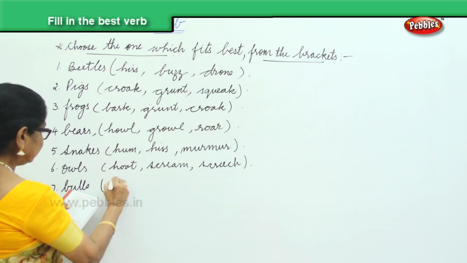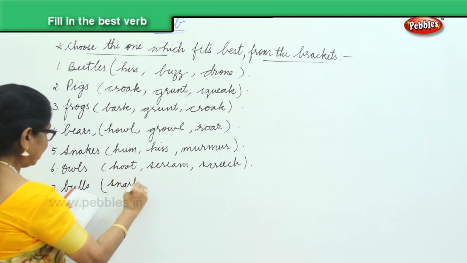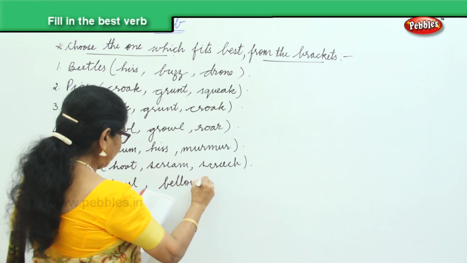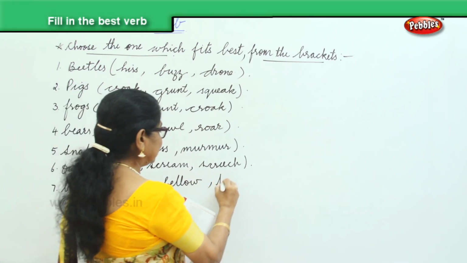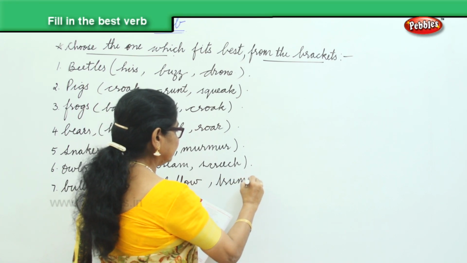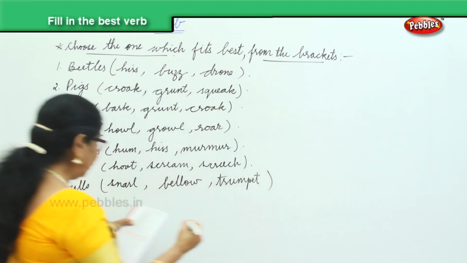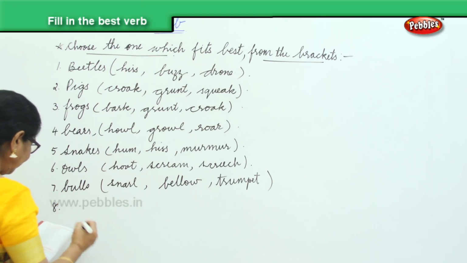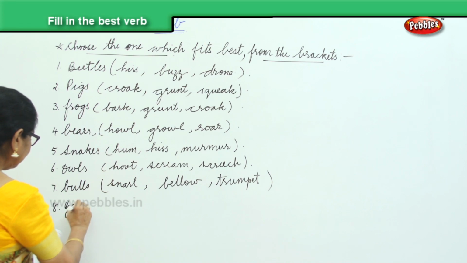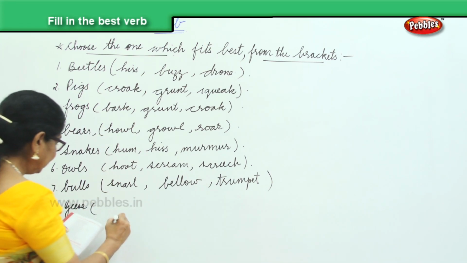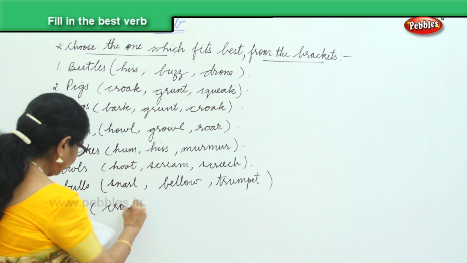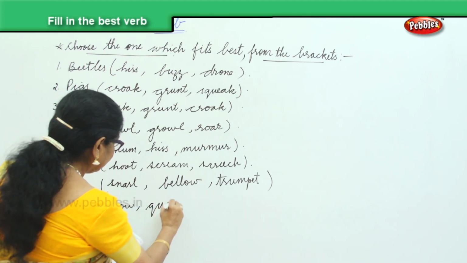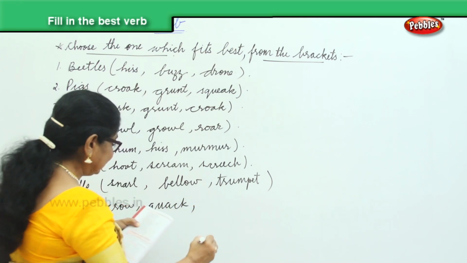Bulls snarl, bellow, and trumpet. Then we have geese. Geese crow. Geese quack. And geese cackle.